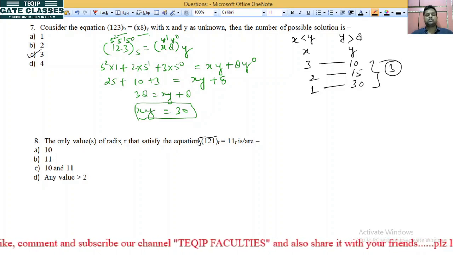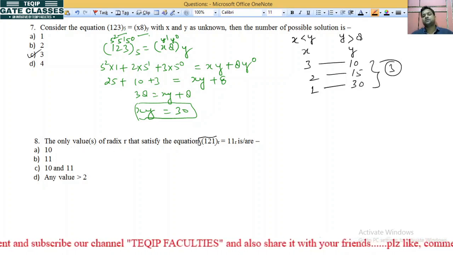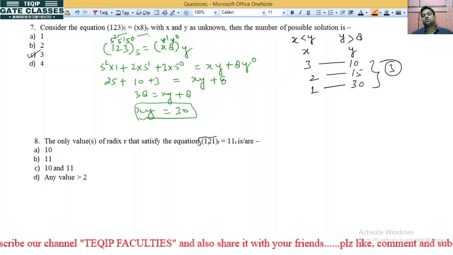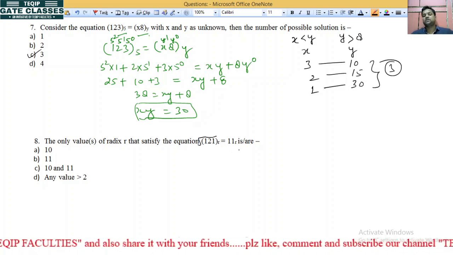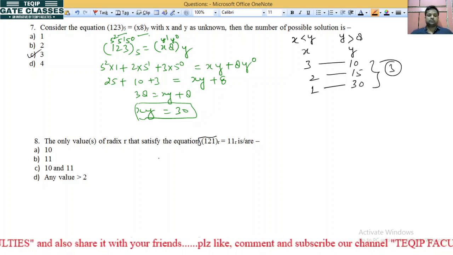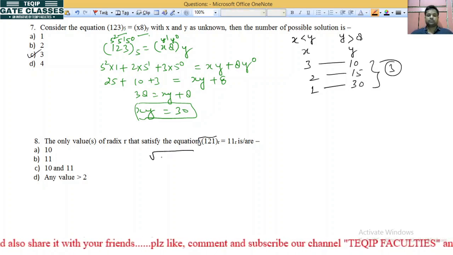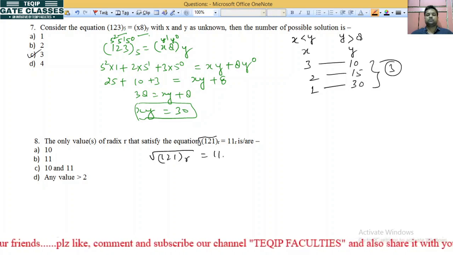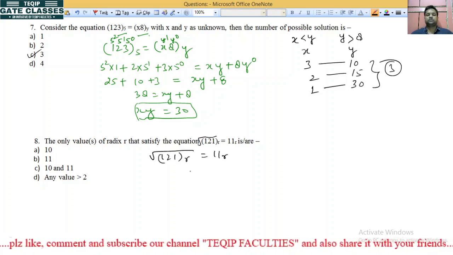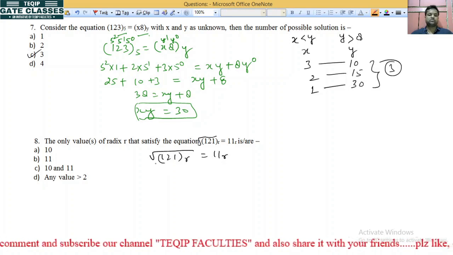The only possible value of radix r that satisfies the equation root of 1 2 1 with base r equal to 1 1 with base r is, so we have 1 2 1 with base r equal to 1 1 base r.